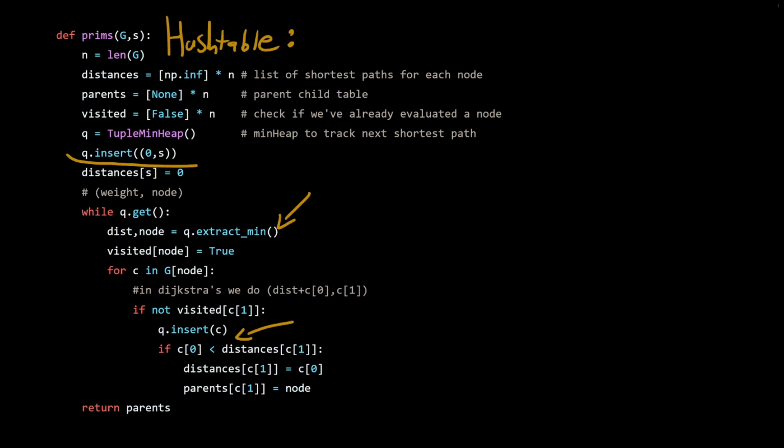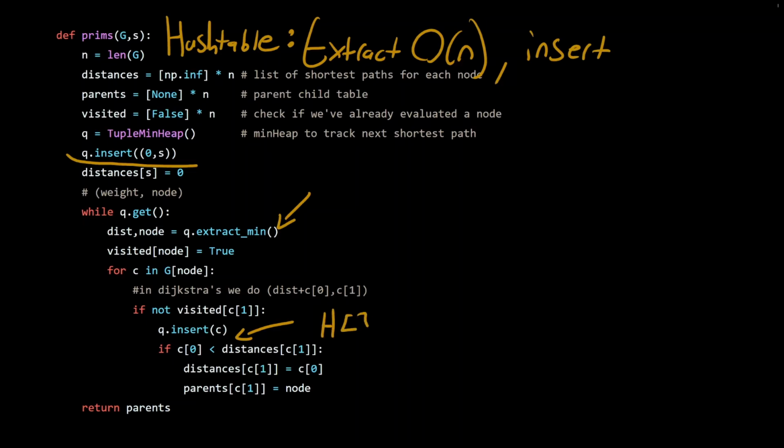So our extract is going to be big O of n, because we'd have to go through our entire hash table. And then, what about insert? So what if we called our hash table H? Well, to update an element in a hash table, all we have to do is index it. So that's just going to be big O of 1.